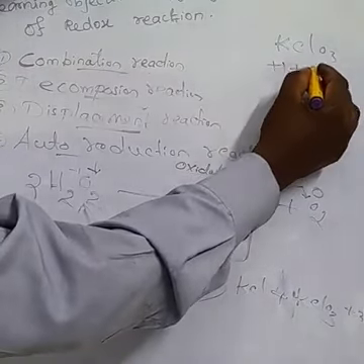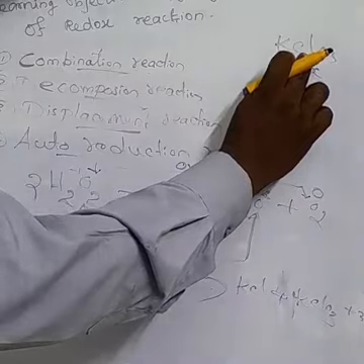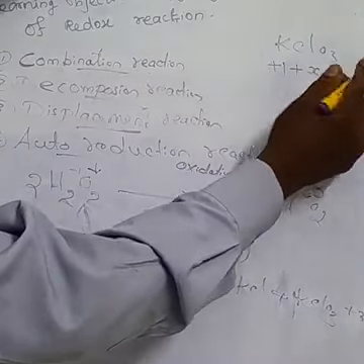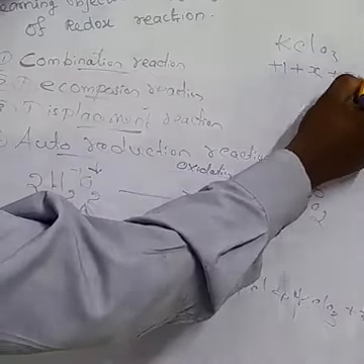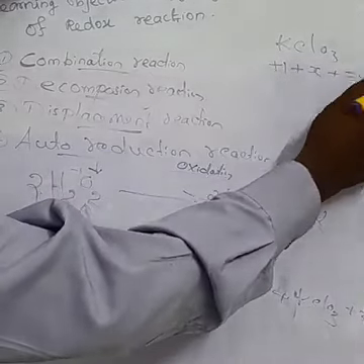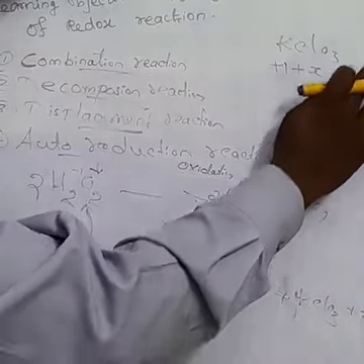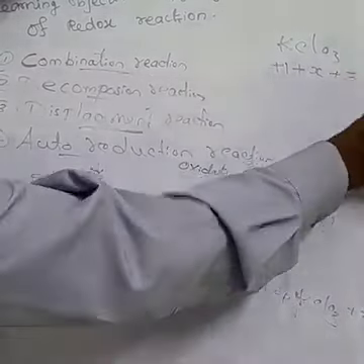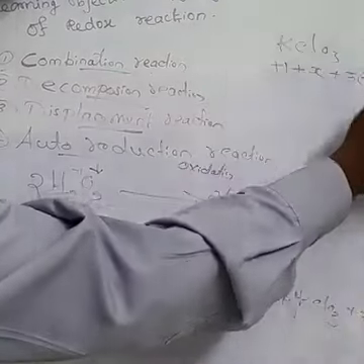Then chlorine X and oxygen. How much oxygen is there? 3 oxygen, so 3 into minus 2. The total charge is 0.